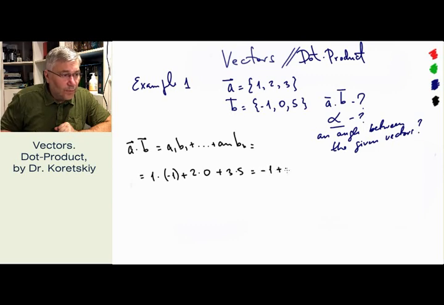And we have -1 plus 0 plus 15. So it is -1 plus 15, it is 14. That is the scalar product.